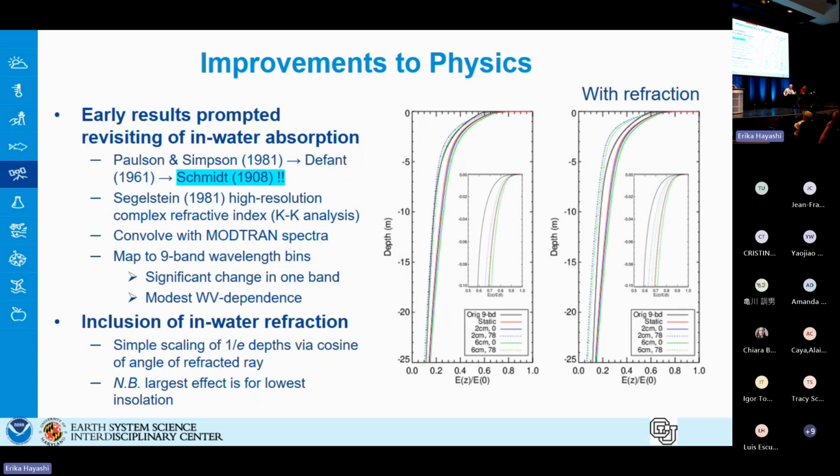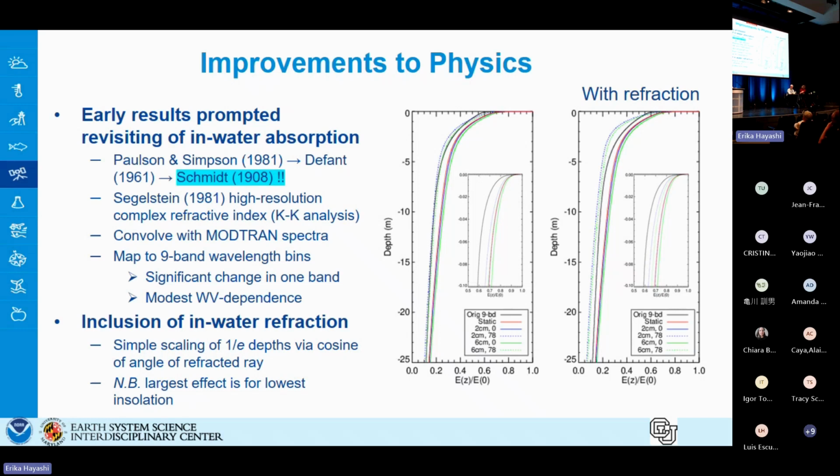And there's a table in there that refers to Schmidt 1908, which at that point it was like, it's time to look at this again. So we took the Segelstein 1981 pure water, high resolution in-water absorption, convolved that with the MODTRAN spectra, and then mapped that back into the 9 wavelength bins.